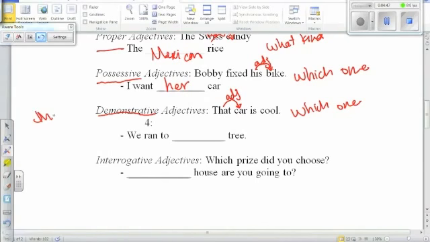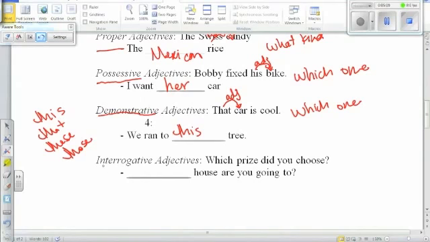We have this, that, these, and those. Those will be the only ones that you'll find in this category. So we ran to this tree, we ran to that tree, we ran to these trees, we ran to those trees. Any of those would work here.